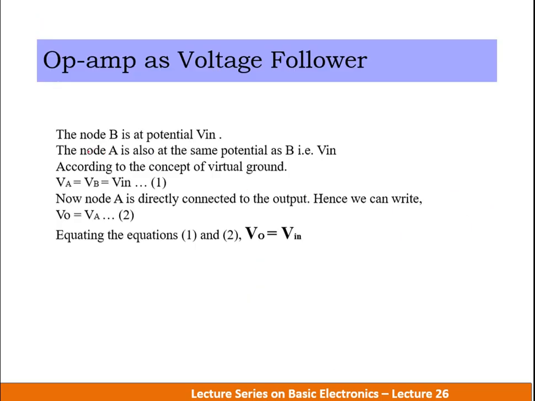Let us analyze it once again. Node B is at potential Vin. Node A is also at the same potential as B, that is Vin, since according to the concept of virtual ground, VA is equal to VB is equal to Vin. We know that node A is directly connected to the output terminal, so we can write VO is equal to VA.